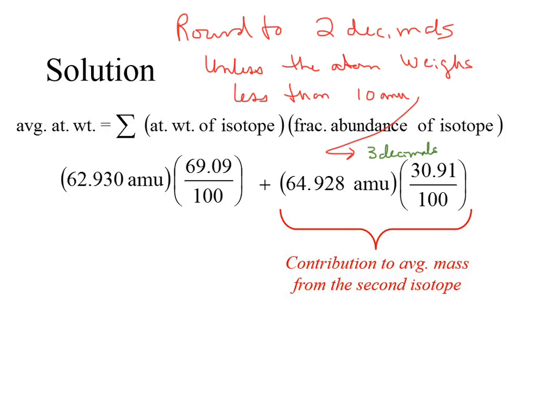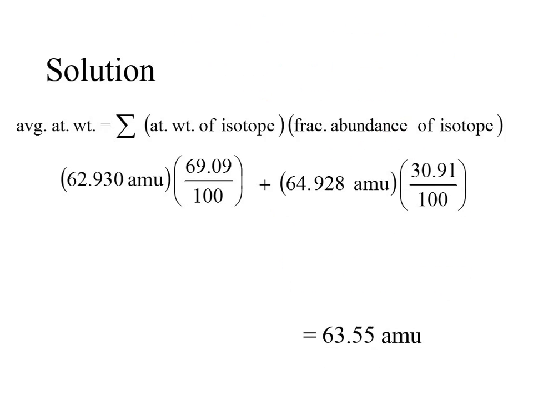Okay, so then when you do this, you should get 63.55 is the average atomic weight for this element based upon that isotopic information, how much each isotope weighs and how abundant it is.